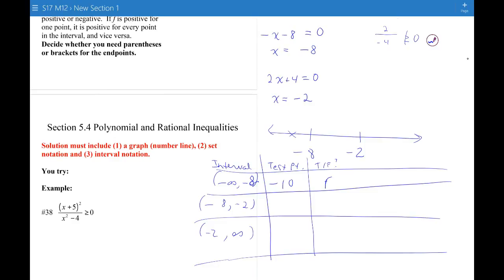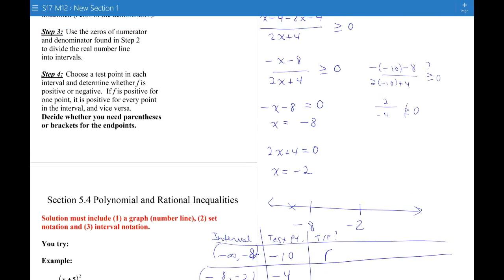Okay, then from negative 8 to negative 2, you're kind of stuck with using something that's going to be more of a pain for your arithmetic. But well, let's just pick negative 4 and see how that goes. So let's pick x equals negative 4 for our test point. So I'm coming back to my inequality and saying negative 4 minus 8 over 2 times negative 4 plus 4, and I want to know if that's positive.